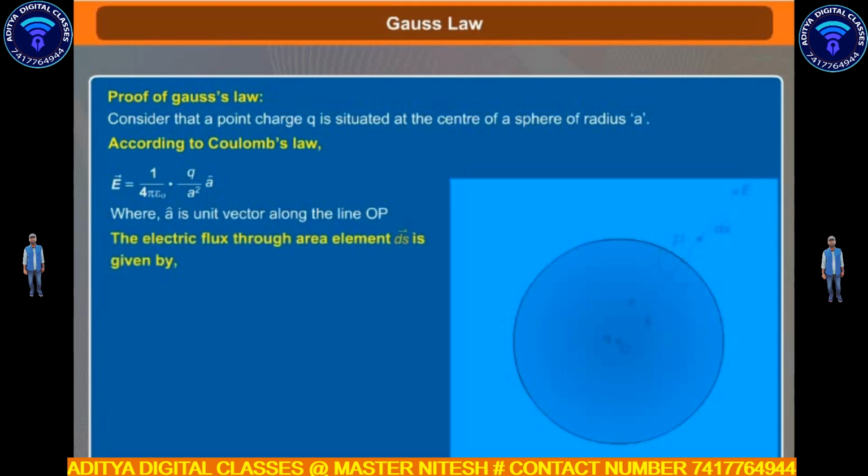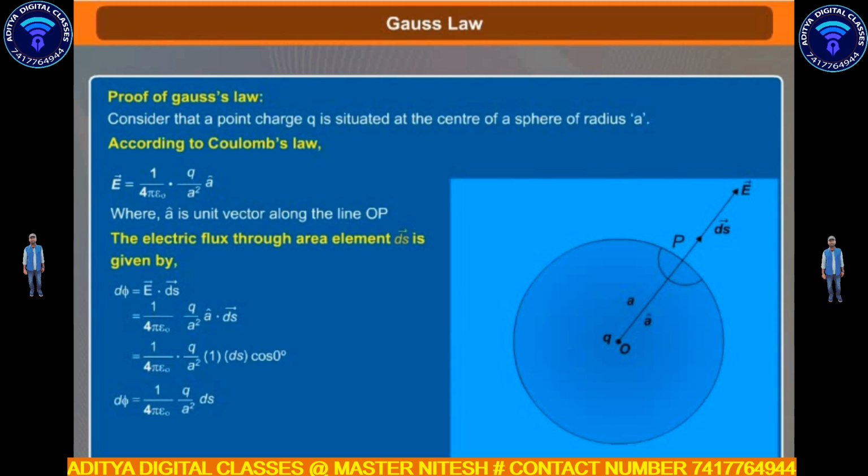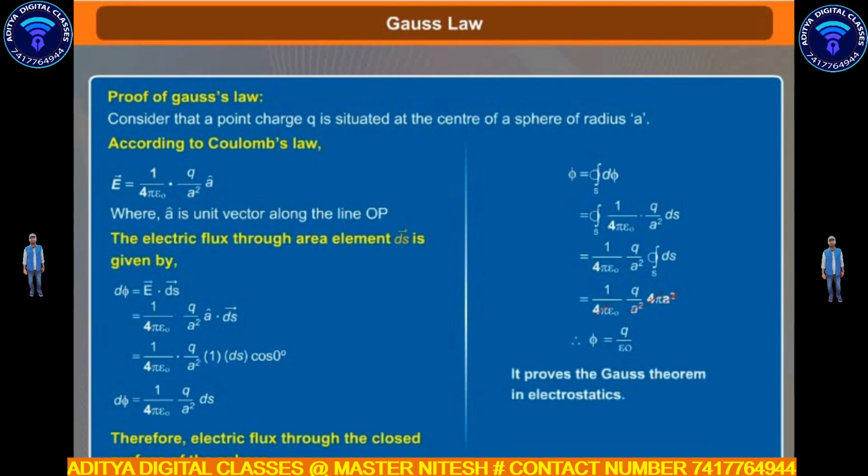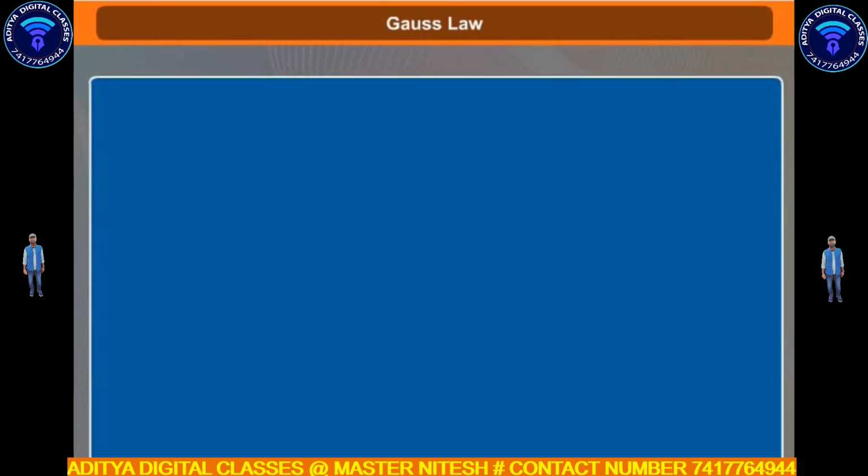The electric flux through area element ds is given by d phi is equal to E dot ds, which finally gives d phi equal to 1 by 4 pi epsilon naught Q by a square ds. Therefore, the electric flux through the closed surface of the sphere, phi, is the integration over d phi, which finally gives Q by epsilon naught. It proves the Gauss theorem in electrostatics.